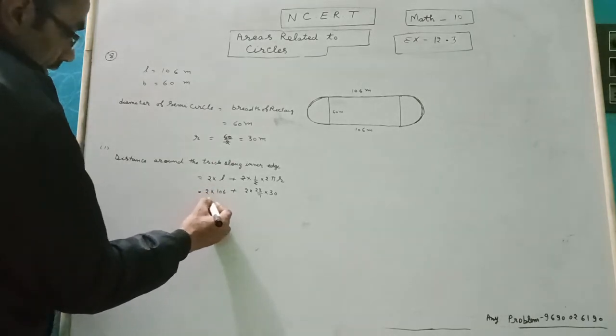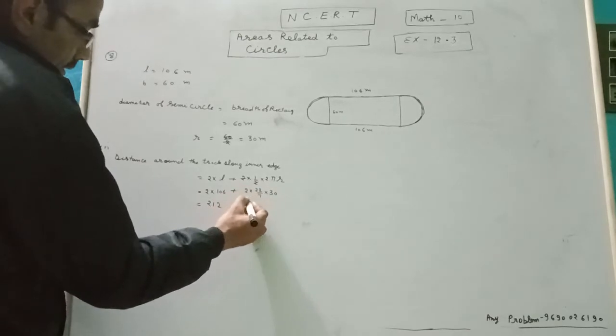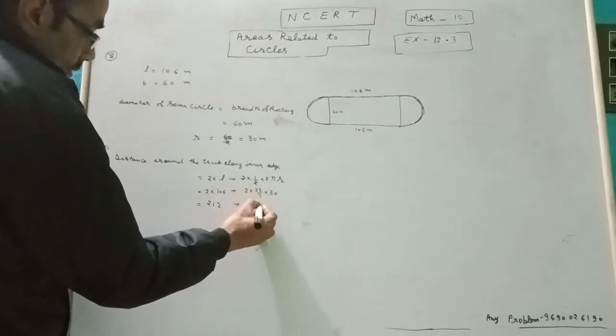After multiplying, 212 plus 1320 upon 7.